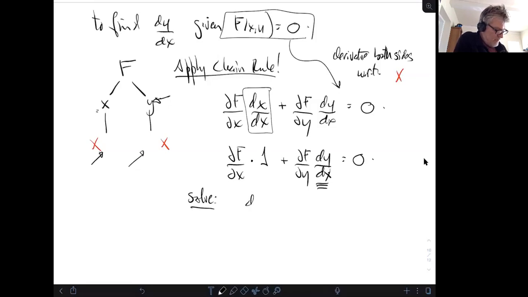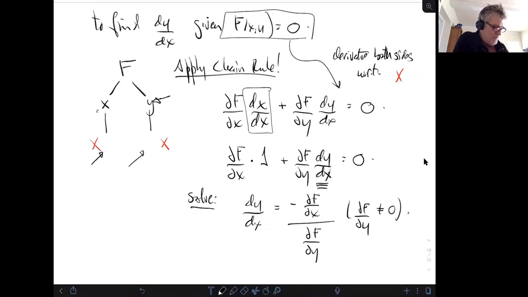I'm going to get dy dx is minus del f del x divided by del f del y, provided, of course, that this thing I'm dividing by is not 0. These would be the bad points I was talking about. So this is what I get.